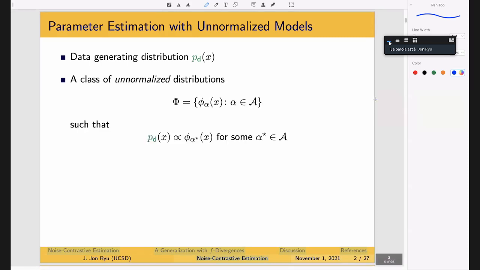We also assume a class of unnormalized distributions, which we denote by Phi, a collection of Phi_alpha. Each Phi_alpha is an unnormalized model.